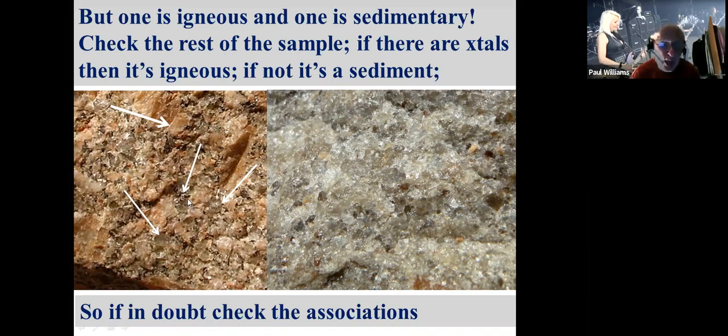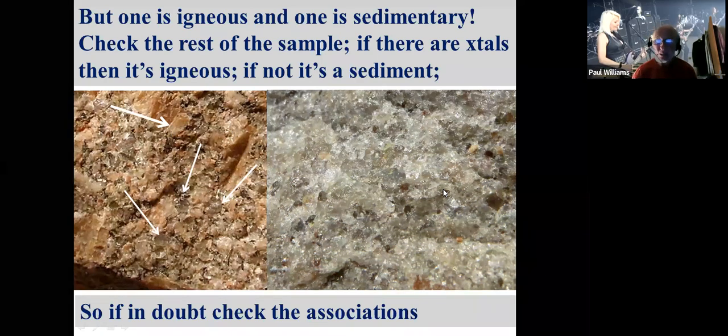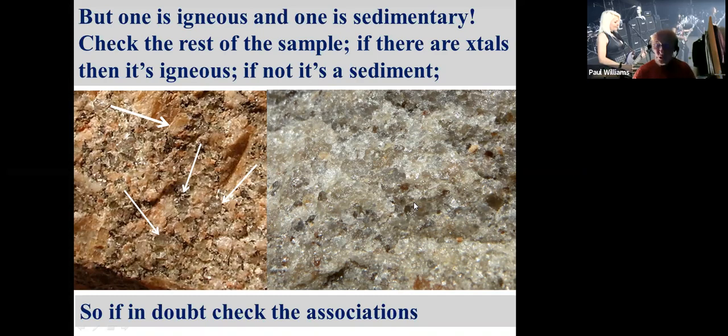So therefore, this quartz, which we've identified, and we can identify it now, this is quartz, and it is in an igneous rock because these are crystals. However, we can't find any crystals at all in this rock. So this is a sediment.